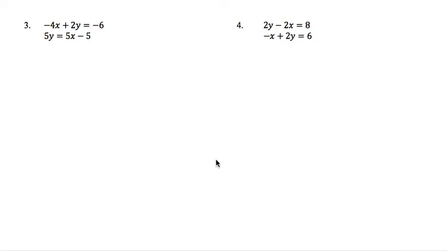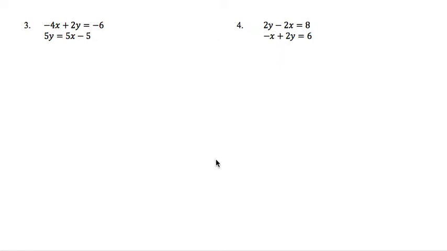So two more examples to look at here. Very similar, but now you're going to notice that in example 3, neither of the two equations have one of the variables by themselves. But the second equation is close to having y by itself.